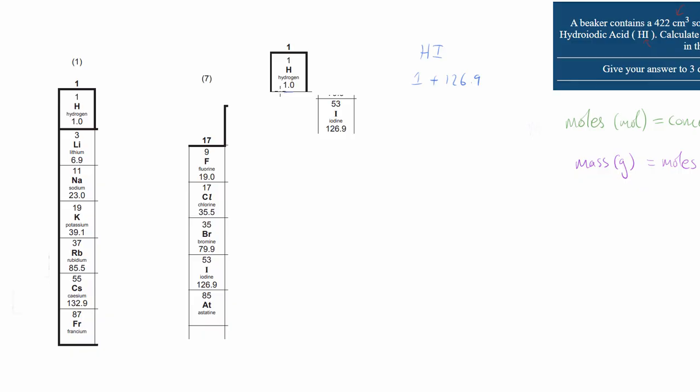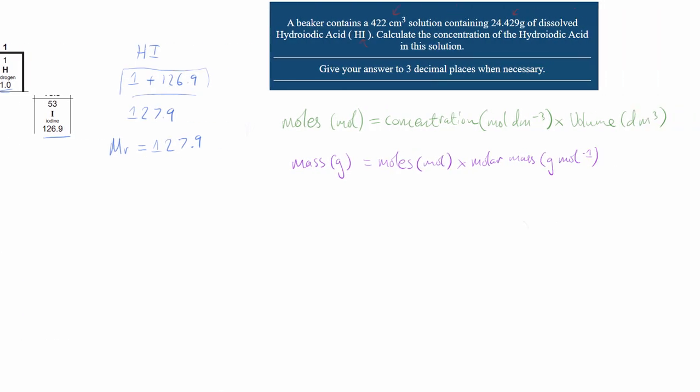I'm just adding these two values, and that's going to give us 127.9. So the molar mass here is going to be 127.9, and that is going to be very useful as we progress in this question.